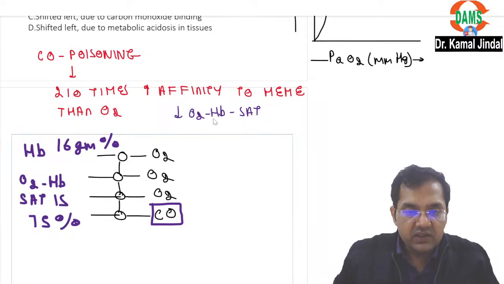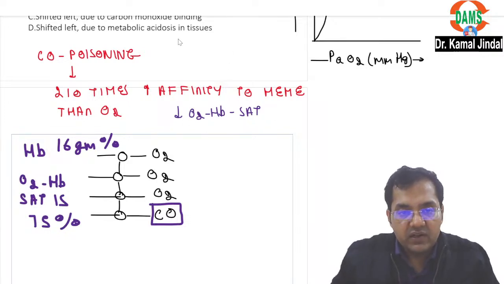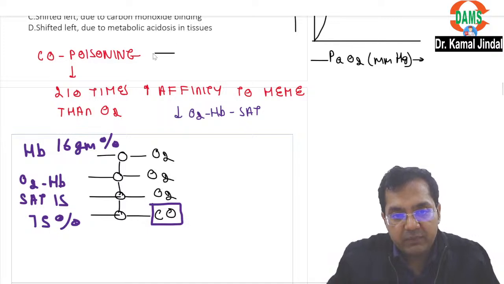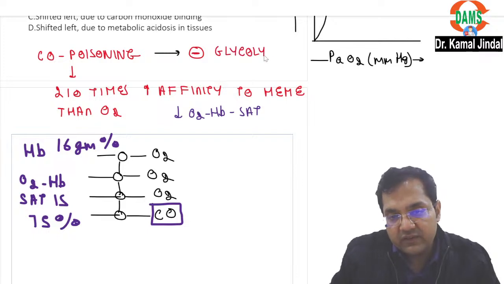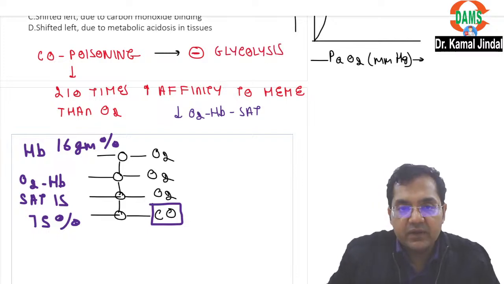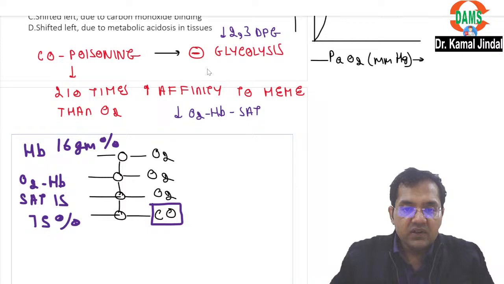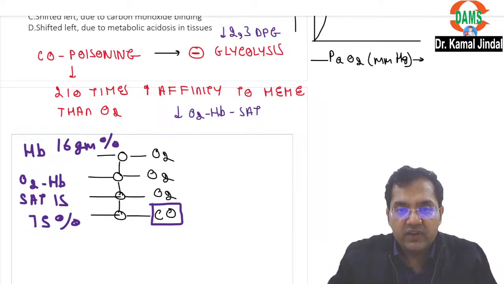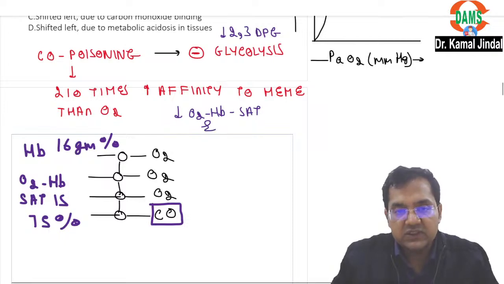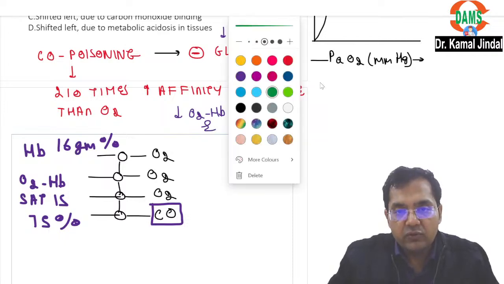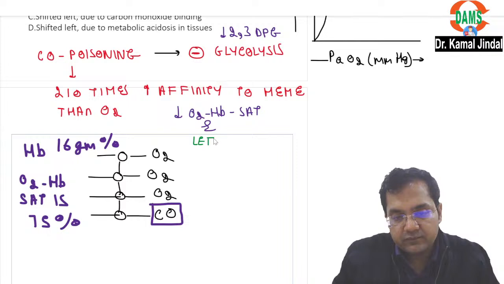But the other more interesting thing is that carbon monoxide also inhibits glycolysis. If it inhibits glycolysis, your 2,3-DPG will decrease.